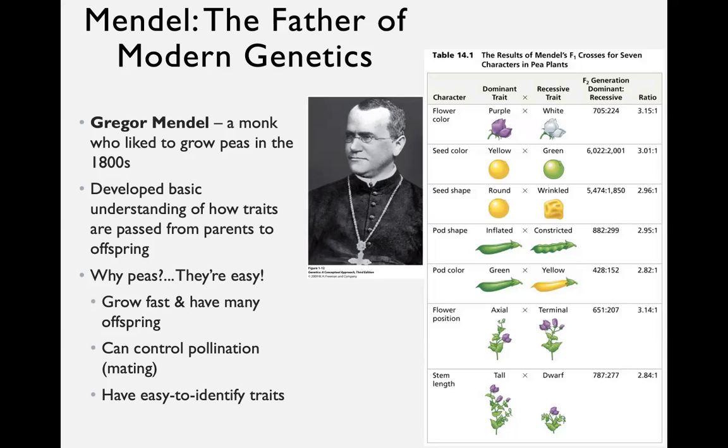He also looked at the shape of the pod, the color of the pea pod, where the flowers were, how long the stem was. He looked at all kinds of different stuff. You don't need to know everything from here. We'll be talking about some of these traits, mostly flower color and seed shape. So these first three we'll talk about a good bit. But yeah, peas are just easy to work with. So it worked out well that he was for some reason interested in them in the first place.